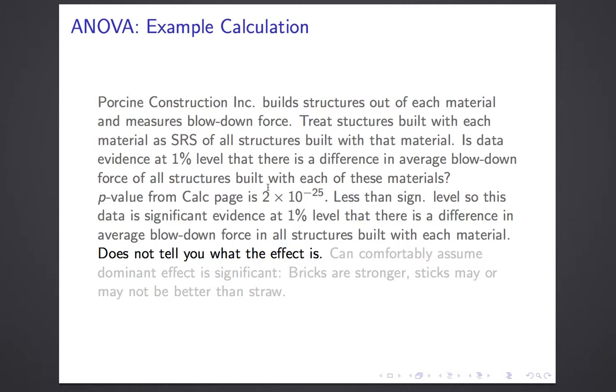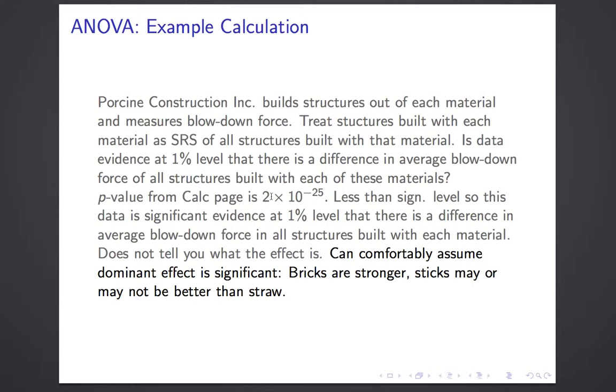There are, in fact, more sophisticated techniques for deciding what is the effect that you're seeing, and which of all the effects that you think are significant. We will not learn those. That's beyond the scope of the course, but you can comfortably assume the dominant effect is significant.